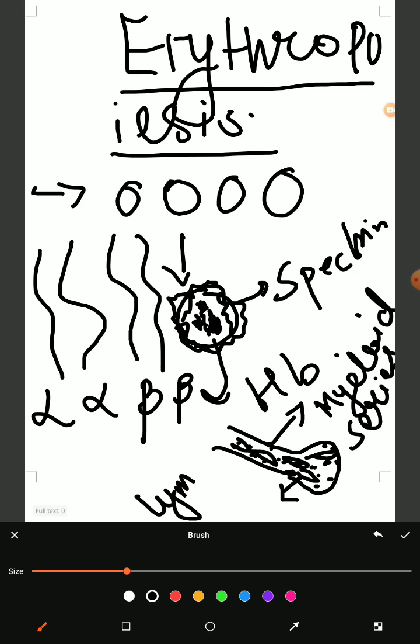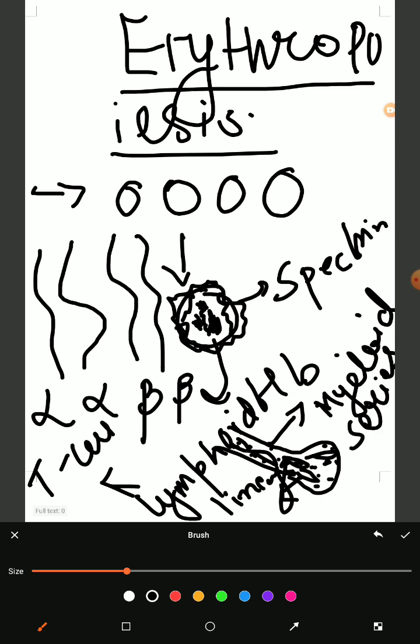So there are two lineages. One is lymphoid, and this is myeloid, right? The lymphoid lineage gives you lymphocyte cells such as T cells and B cells, whereas the myeloid lineage is going to give you the erythrocyte cells, and it is going to give you some of the WBC cells.